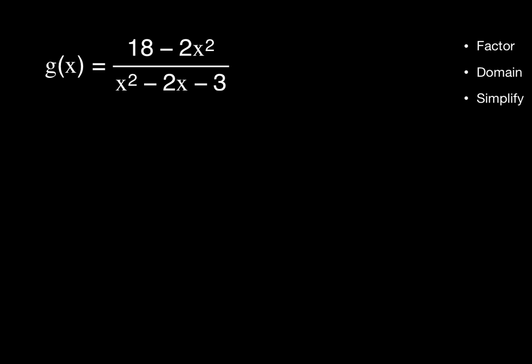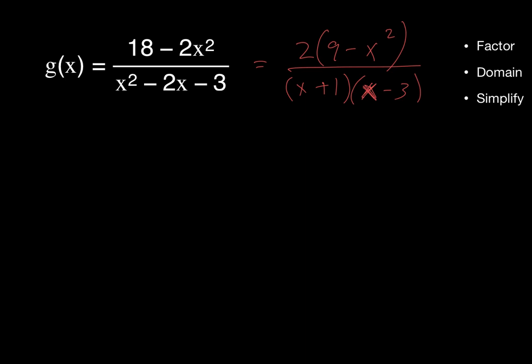I'll do this one a little bit quicker for us. So in the numerator, both are divisible by 2. I'm left with 9 minus x squared. In the denominator, the two numbers that multiply to -3 and add to -2 will be -3 and +1.